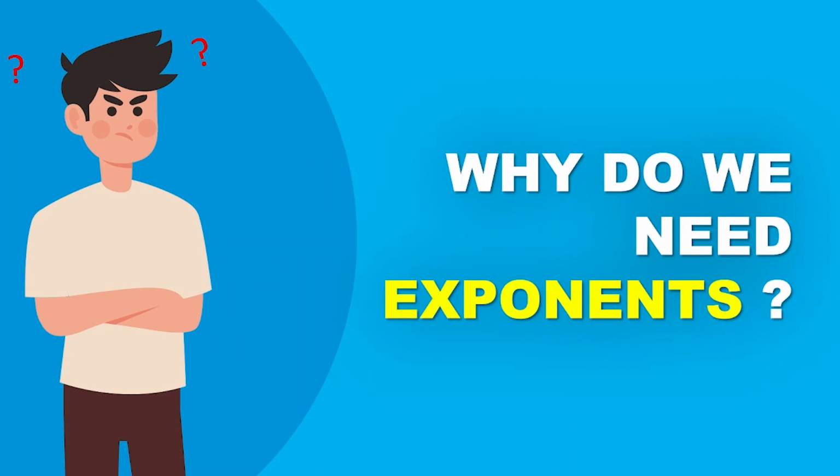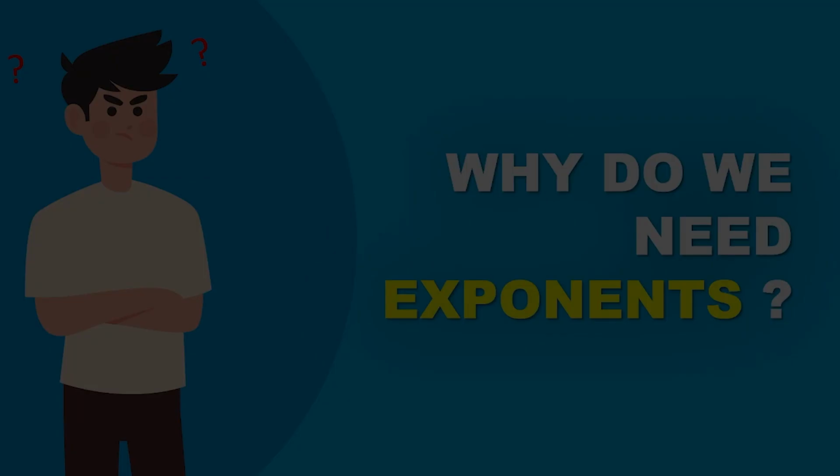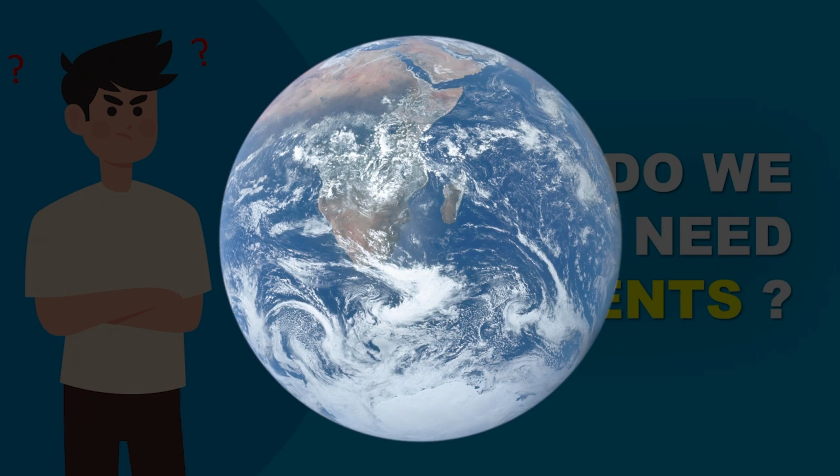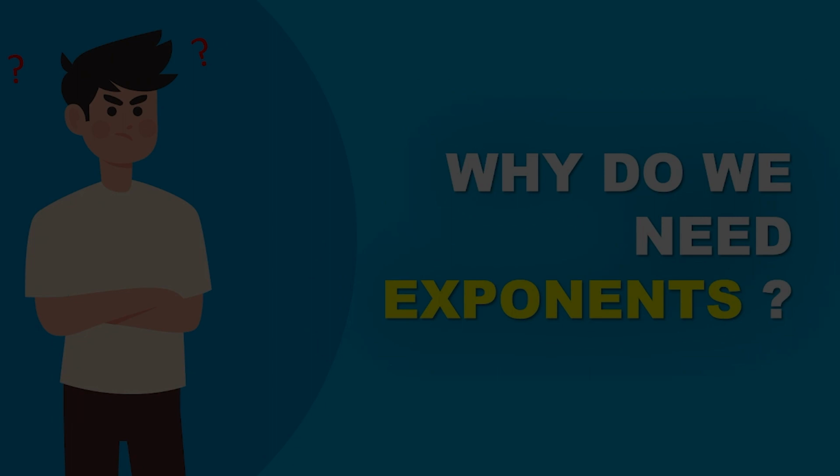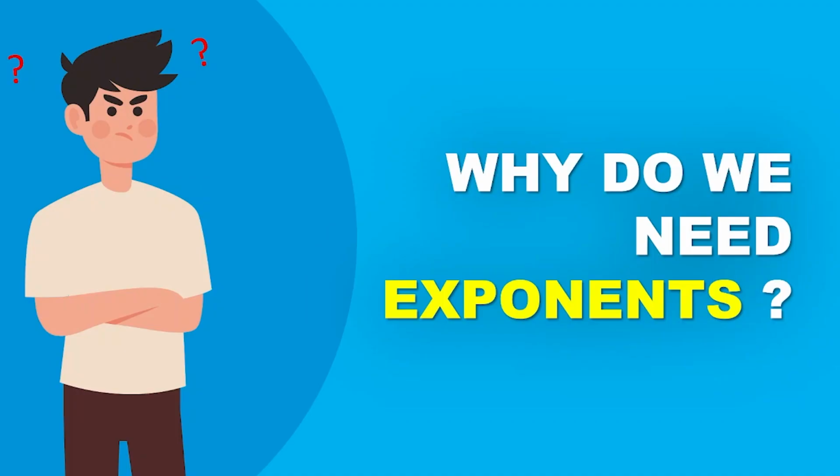Now why do we even need exponents? We need exponents to represent really huge values like the diameter of the earth, or really small values like the size of a cell. And I'm not talking about battery cells here. What I mean by cell is the biological cell.